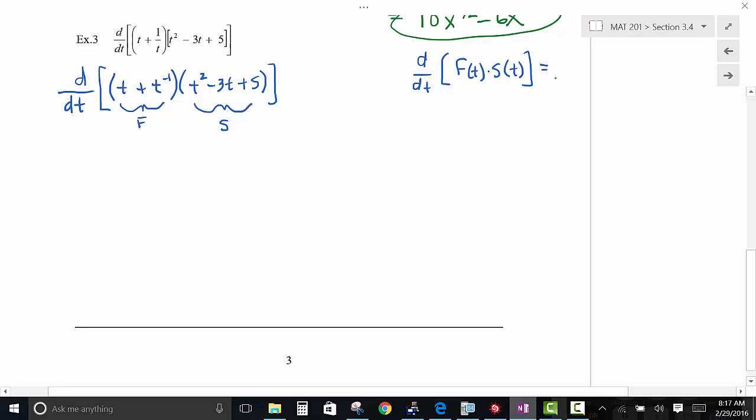It's actually very easy to remember. It's the first multiplied by the derivative of the second, which we'll represent as s prime. Then we do it backwards, plus the second times the derivative of the first. So that's the formula we're going to utilize.